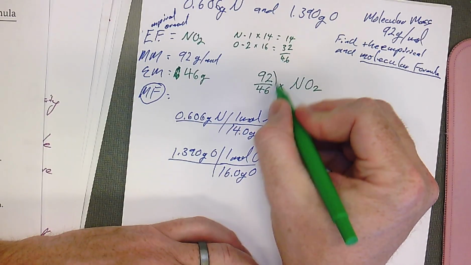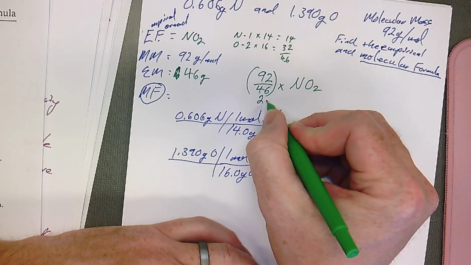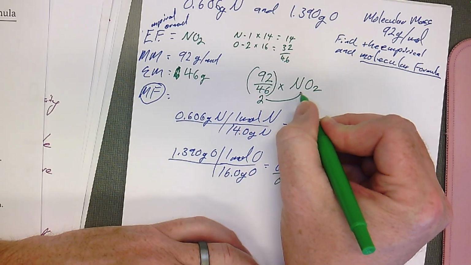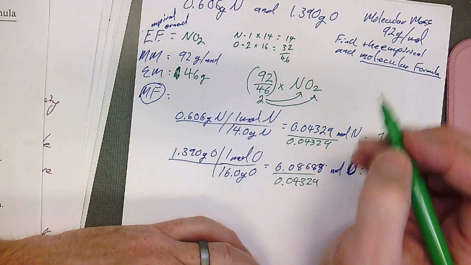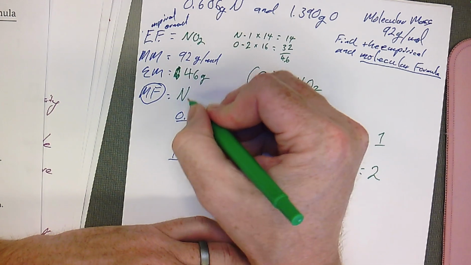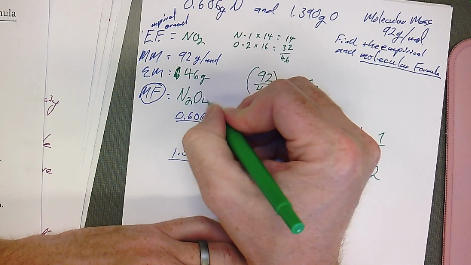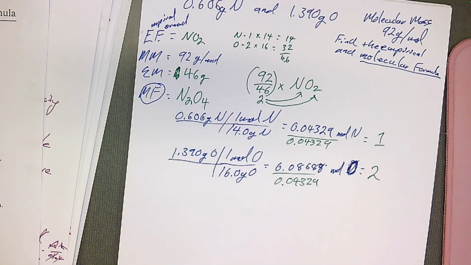So this altogether comes out to be 2 when I multiply it by each subscript. So the molecular formula for this compound will be N2O4. And if we want to do even a little bit of review, that would be dinitrogen tetroxide.